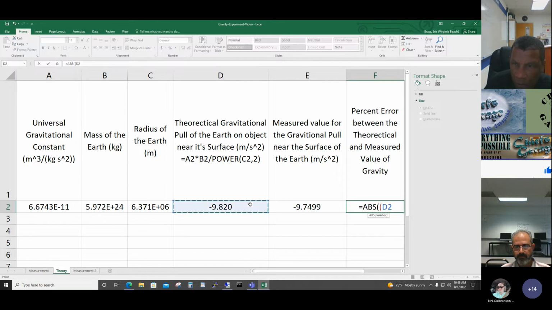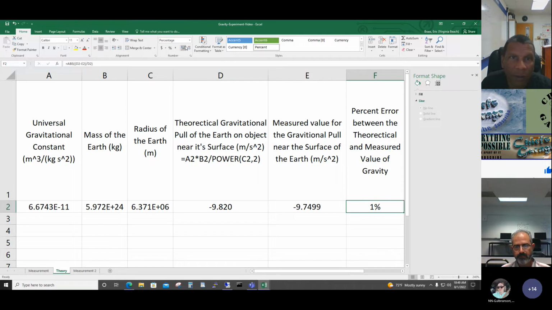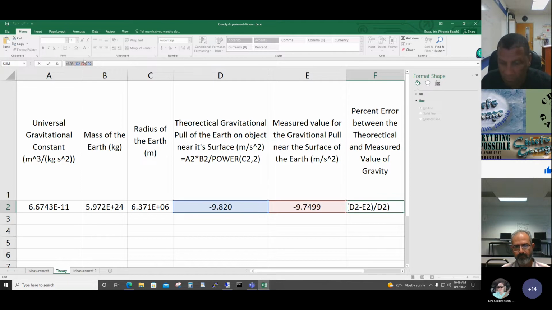Now do both of them, minus this value divided by our theoretical value. And we are going to make this a percentage. And of course, I want some decimal places here. We could stop at 3. And I also need to make sure that you guys have the formula.